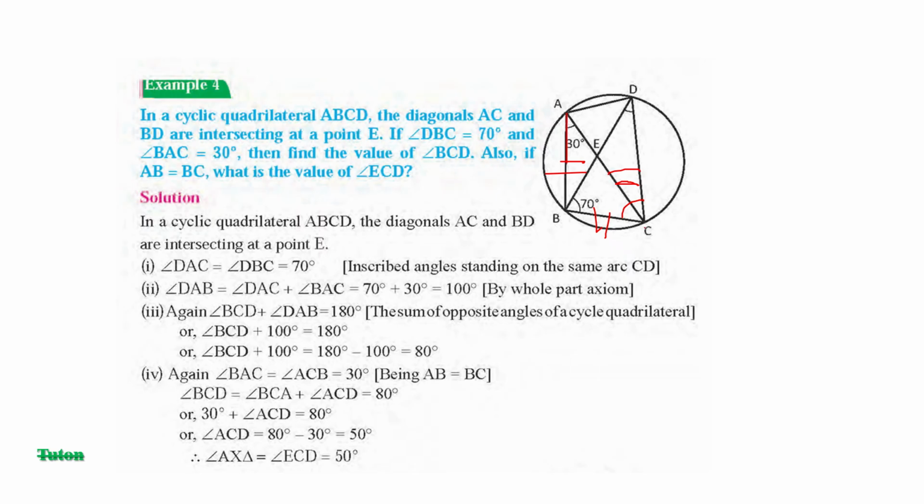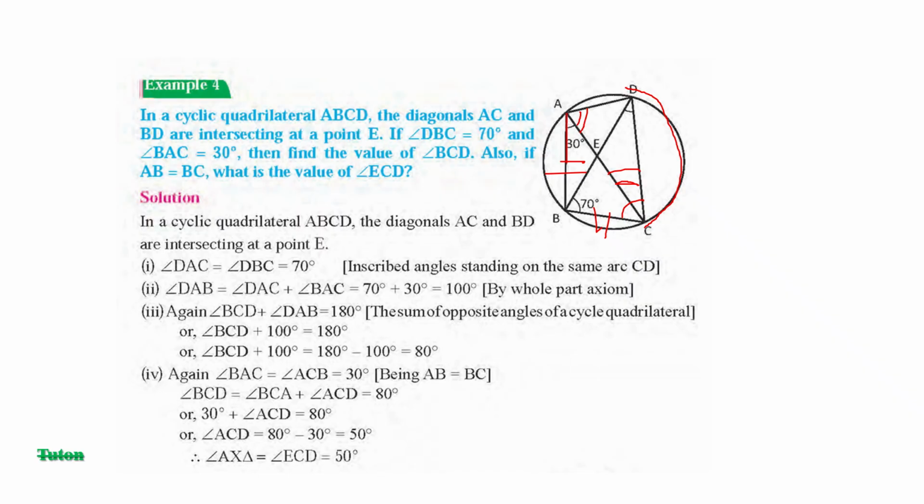On the arc CD, there are two inscribed angles, which are angle DBC, represented by 70 degrees, and angle DAC. These two angles are similar. So we have got angle DAC is equal to 70 degrees as well.